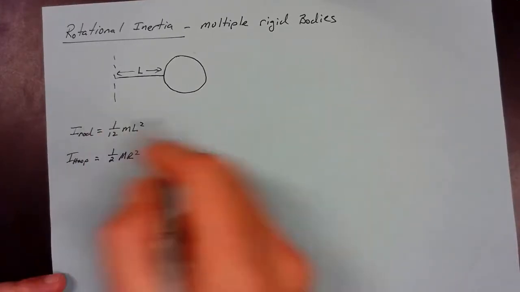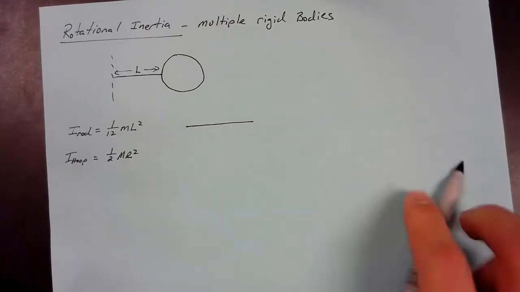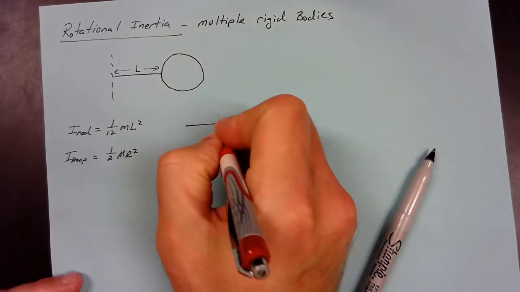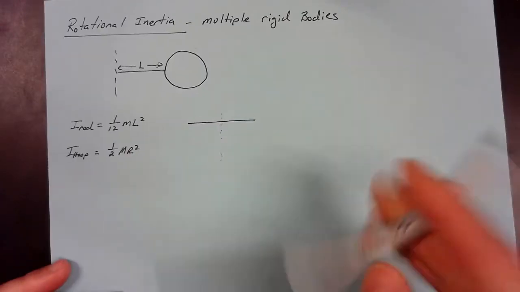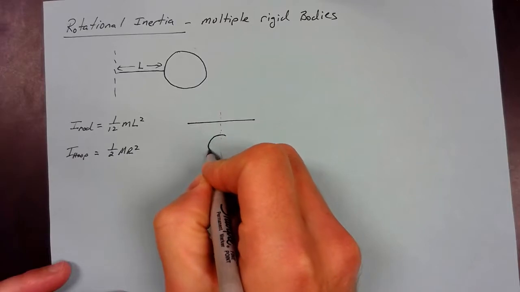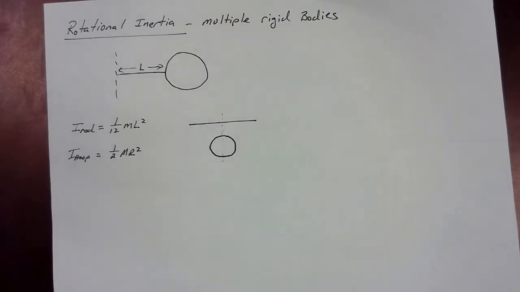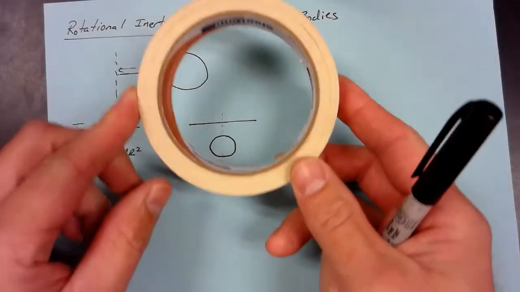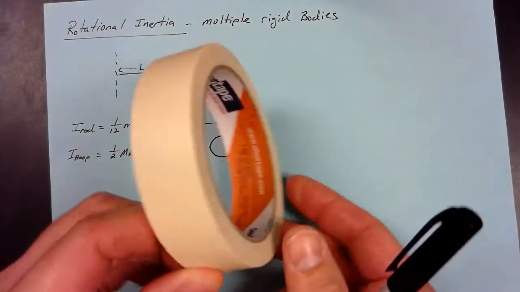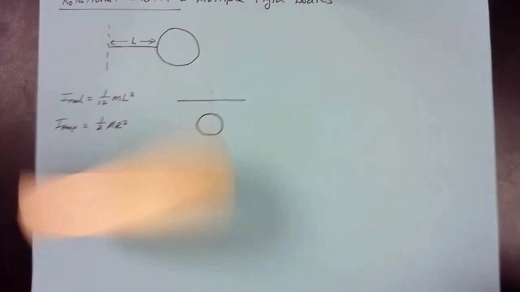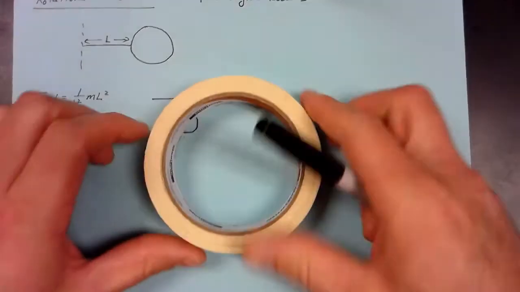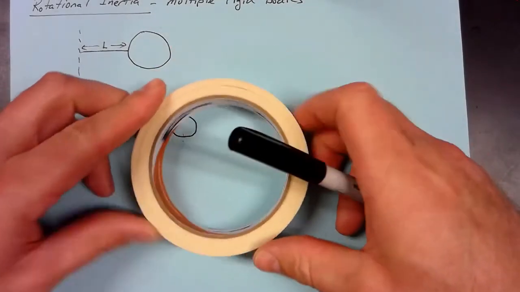So for the rod, this 1/12 is rotating just around there, and the hoop is rotating around the same kind of central axis there. All right, just to get a visual again, that roll of tape is just going to be rotating that way along an axis, kind of like spinning it. It's not the rotation like it's rolling.